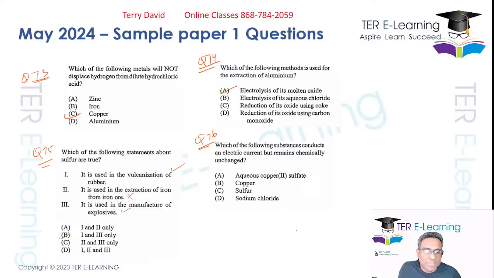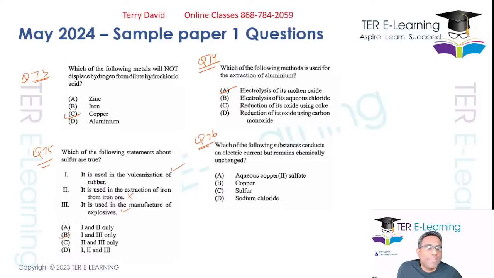What about 76? Which of the following substances conducts an electric current but remains chemically unchanged? What are they talking about here for 76? You need cryolite for the extraction of aluminium from bauxite.